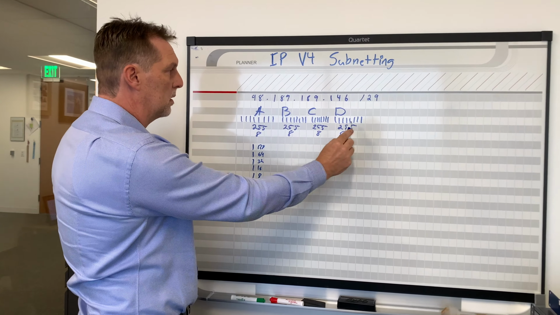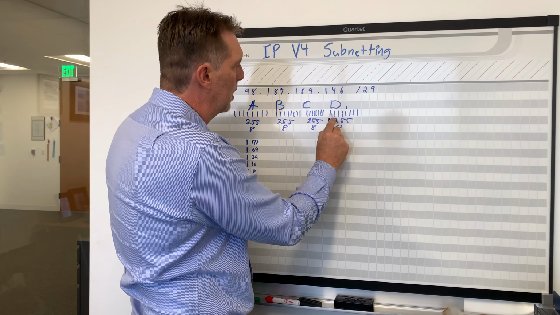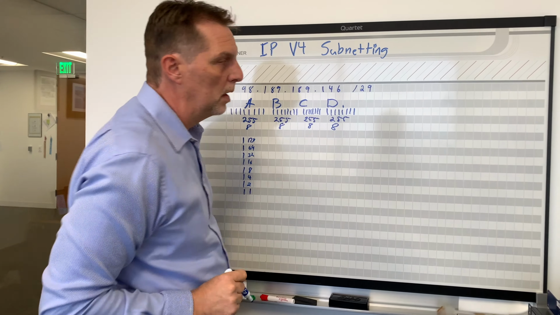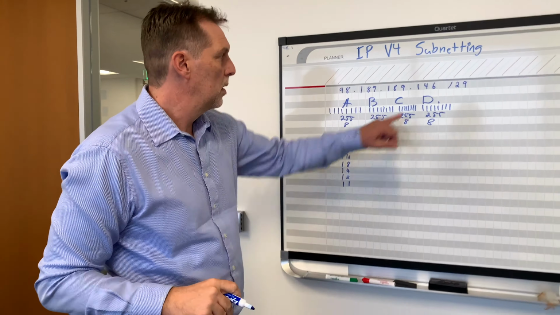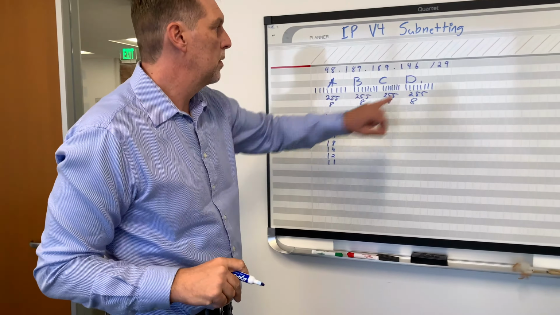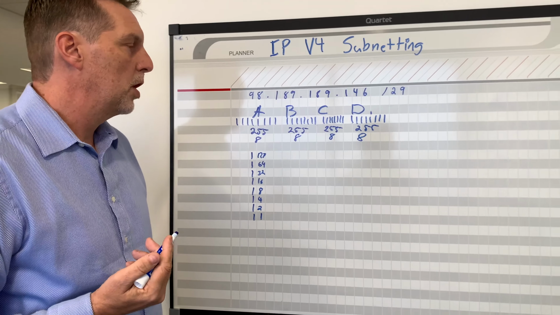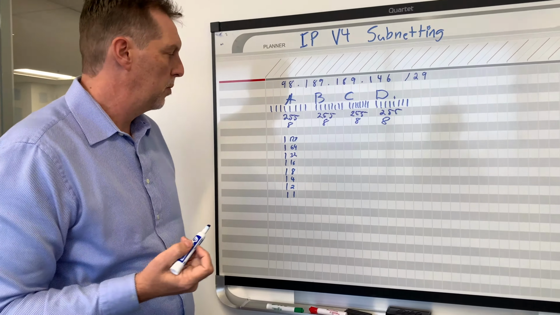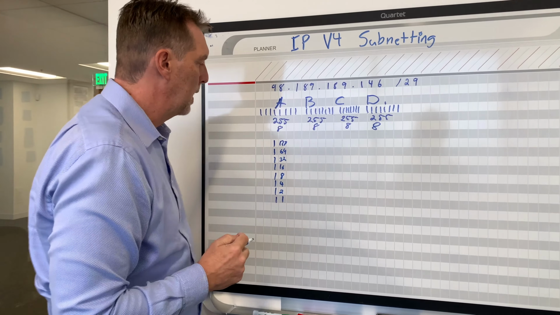So you have 8 here, plus 8 is 16, plus another 8 is 24, and then you go 25, 26, 27, 28, 29. So you're on the 1, 2, 3, 4, 5th bit of the 4th octet. What I like to do is I add these up so you know what your subnet mask is going to be if it's a /29.